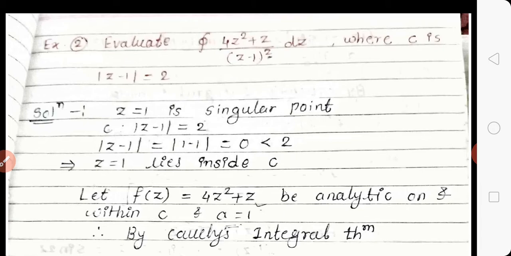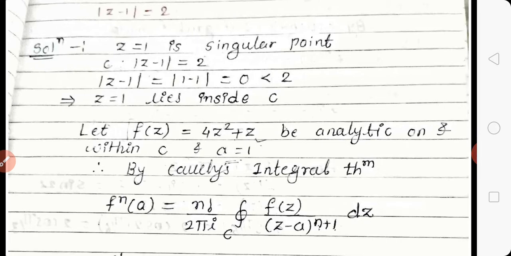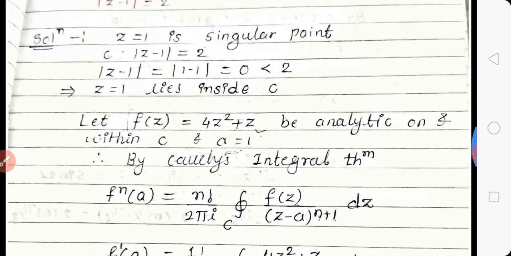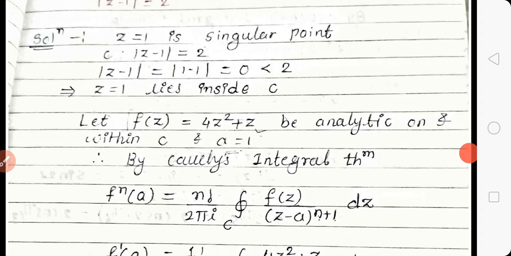Here z is equal to 1 is the singular point, and we check whether this lies inside or outside the curve. Put z is equal to 1 in the curve C: 1 minus 1, we got the value 0, and 0 is less than 2, therefore z is equal to 1 lies inside the curve C.